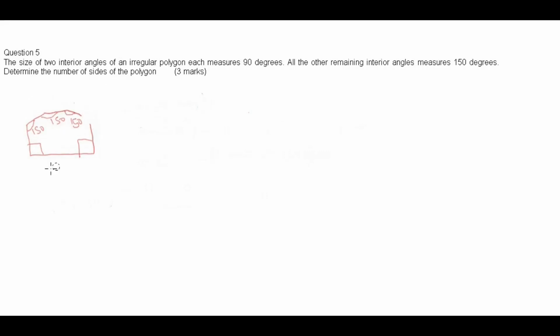We don't know the number of sides of the polygon, but we do know two angles measure 90 degrees and all the other angles measure 150 degrees.